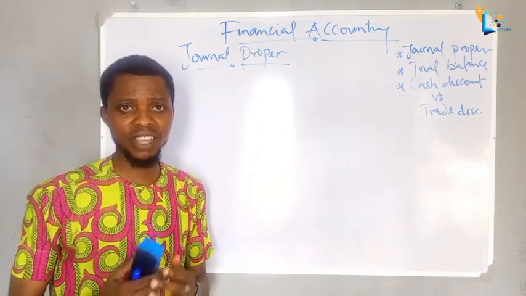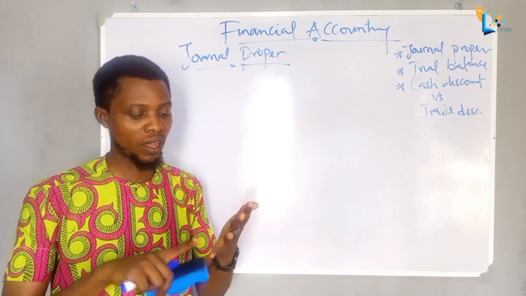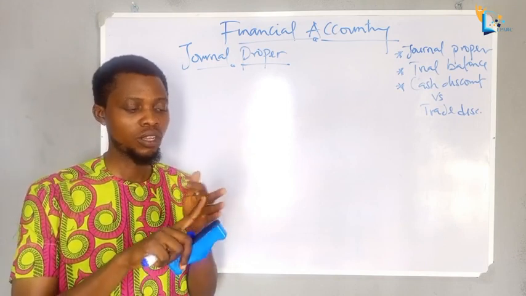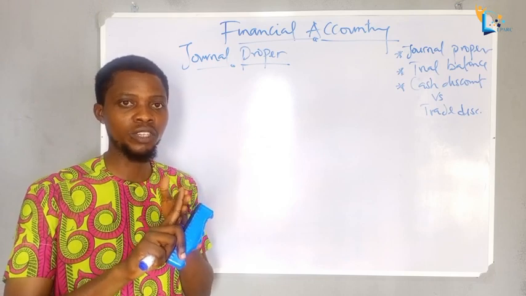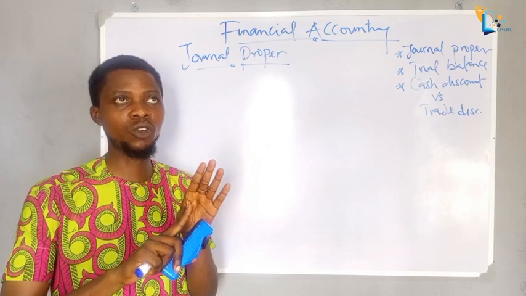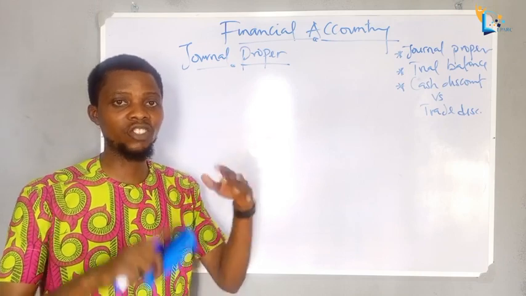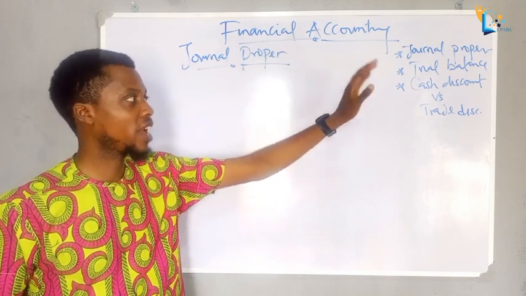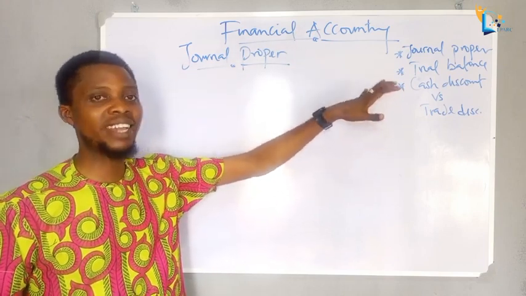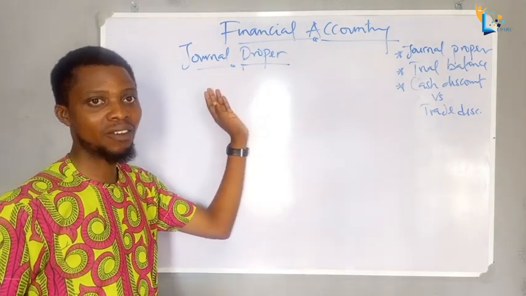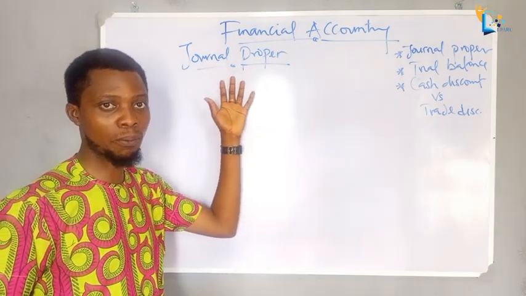Remember the subsidiary books, I gave you 6 of them: the cash book, the purchase day book, the sales day book, the returns inward book, the returns outward book, and the general journal. Transactions which cannot be entered into those subsidiary books are passed through the journal proper.